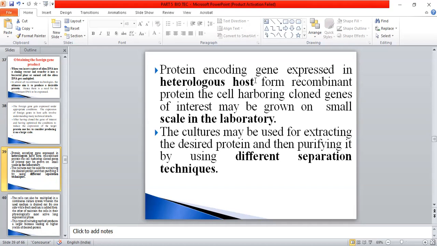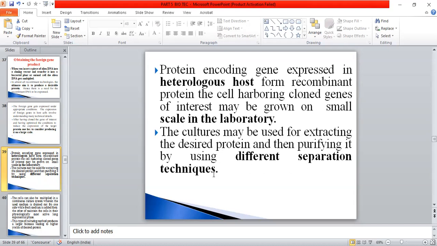Likewise, they may be obtained. Suppose you want to produce more protein molecules in the laboratory on a large scale, it has a specific technique. We will see it in the next slide. The culture may be used for extracting the desired protein and then purifying it by using different separation techniques.